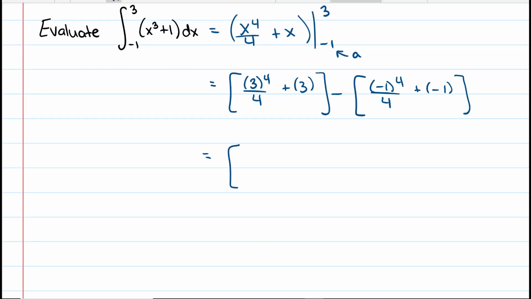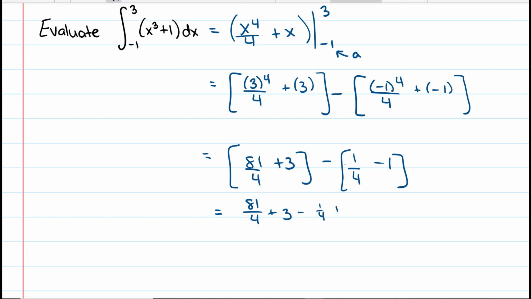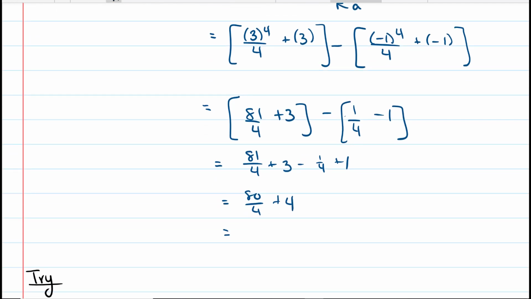We're going to get 81 over 4 plus 3 minus 1/4 minus 1. Now I can lose my brackets, distributing the negative. So I get 80 over 4 plus 4, which is 20 plus 4, which equals 24. And that's all there is to evaluating an integral.